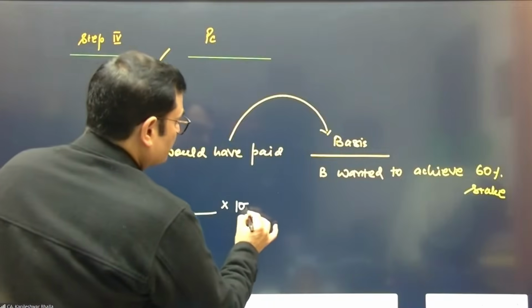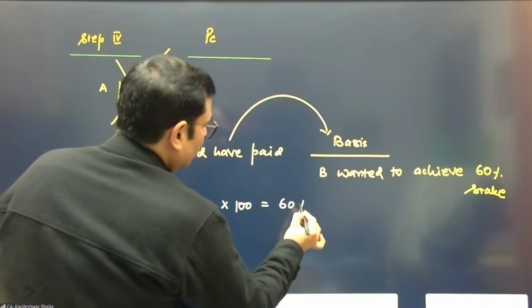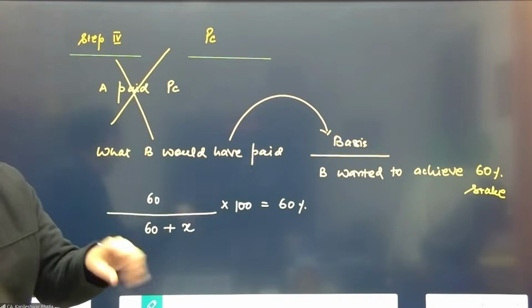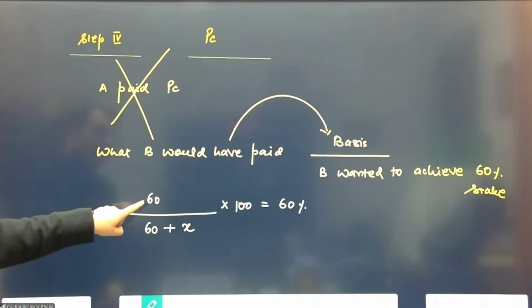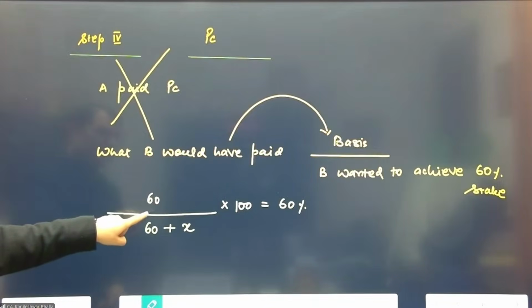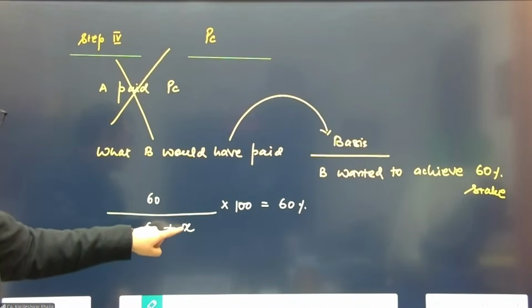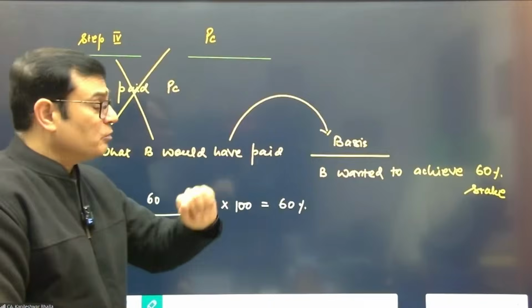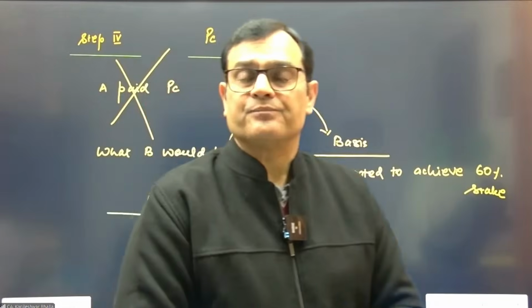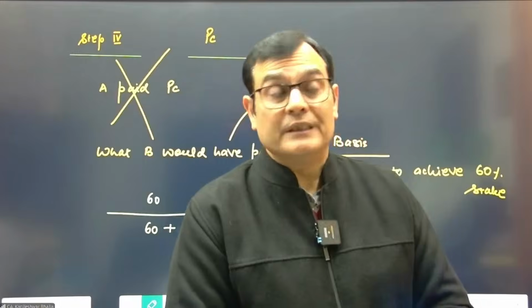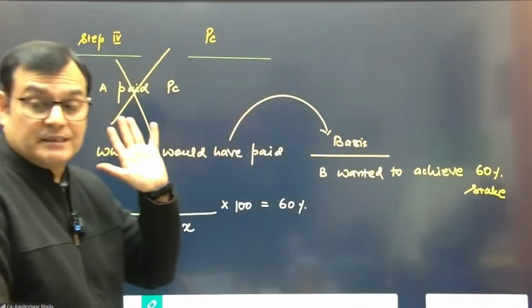He would have issued the shares in such a way to maintain a 60% stake in the company. Get this again very straight. The number of shares in B is 60, and if B would have issued X number of shares to the shareholders of A such that he wanted to maintain a 60% stake, get how many shares B would have issued in order to maintain that 60% stake.